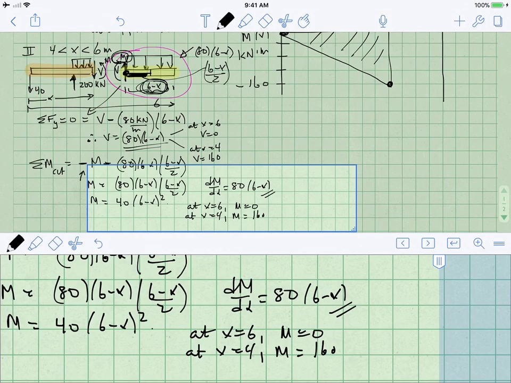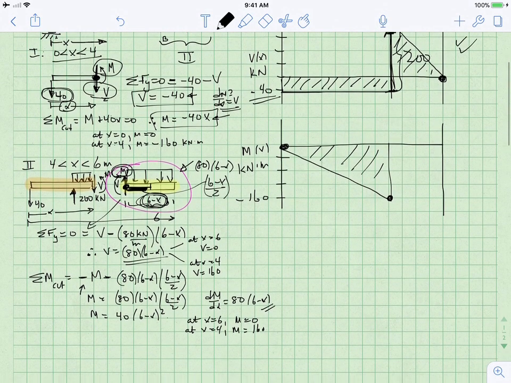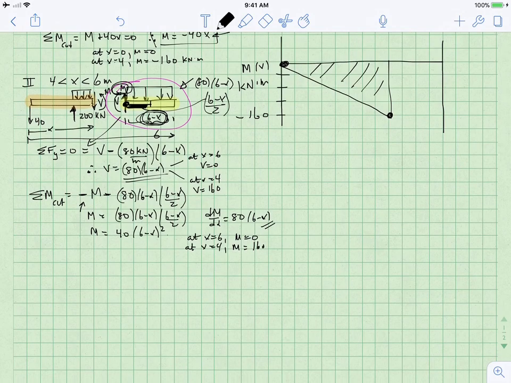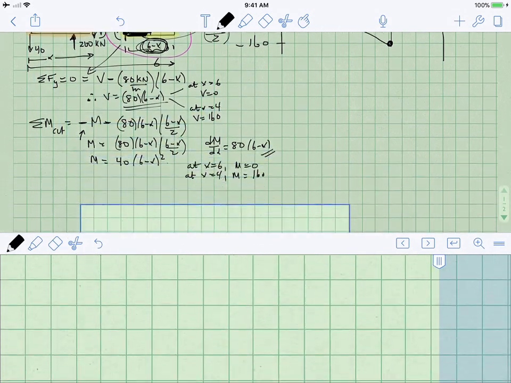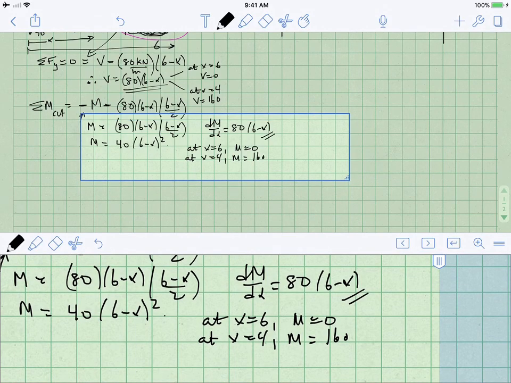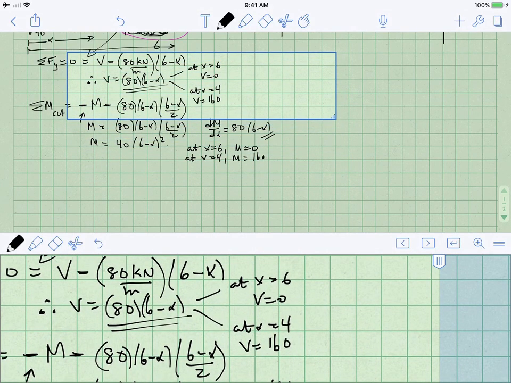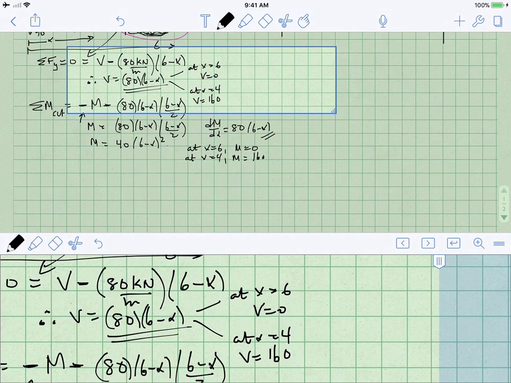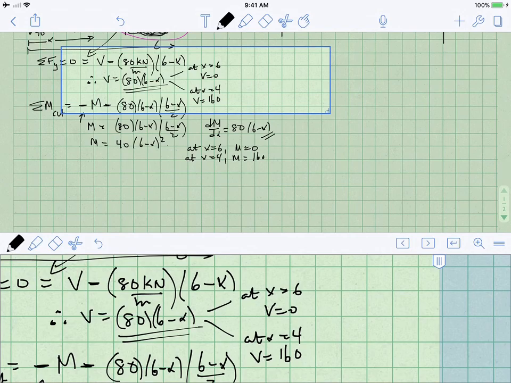Actually, let's be careful here. dM/dx is minus, wait a minute, what's going on? Shear is 80 times 6 minus x. Here it is, I found it. This is where I dropped my negative sign.